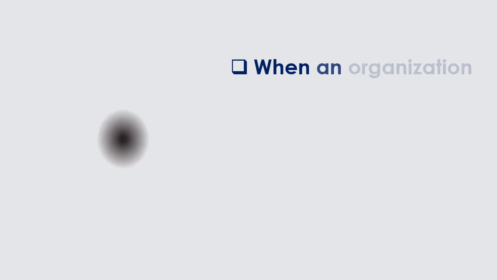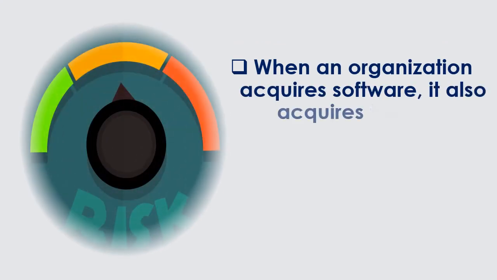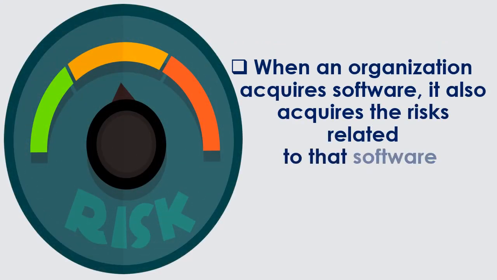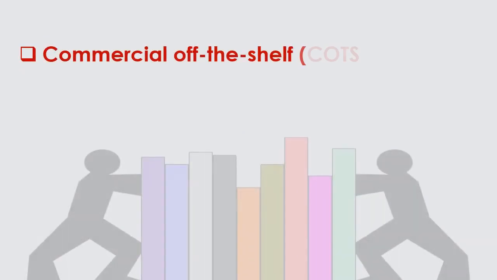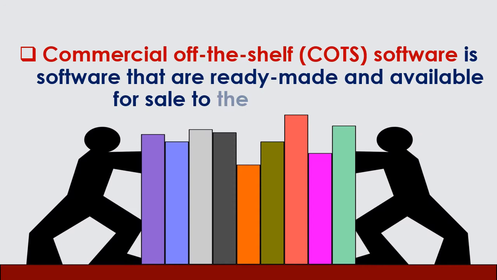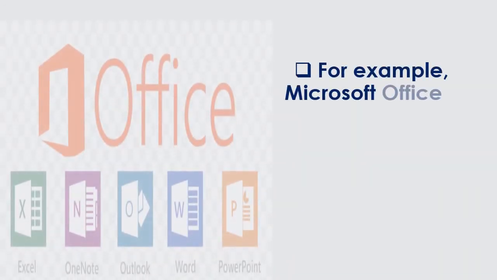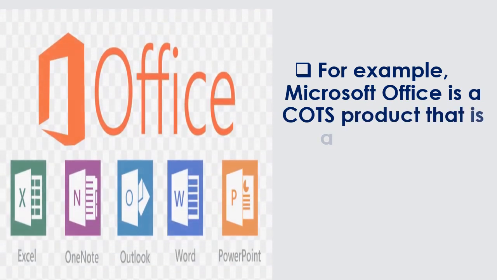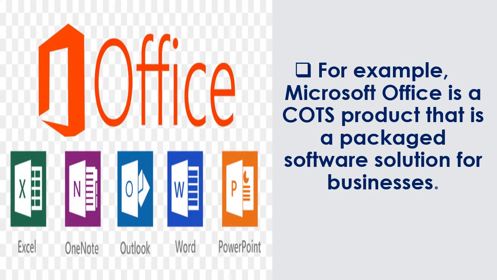When an organization acquires software, it also acquires the risks related to that software. Commercial off-the-shelf, COTS, software is software that is ready-made and available for sale to the general public. For example, Microsoft Office is a COTS product that is a packaged software solution for businesses.